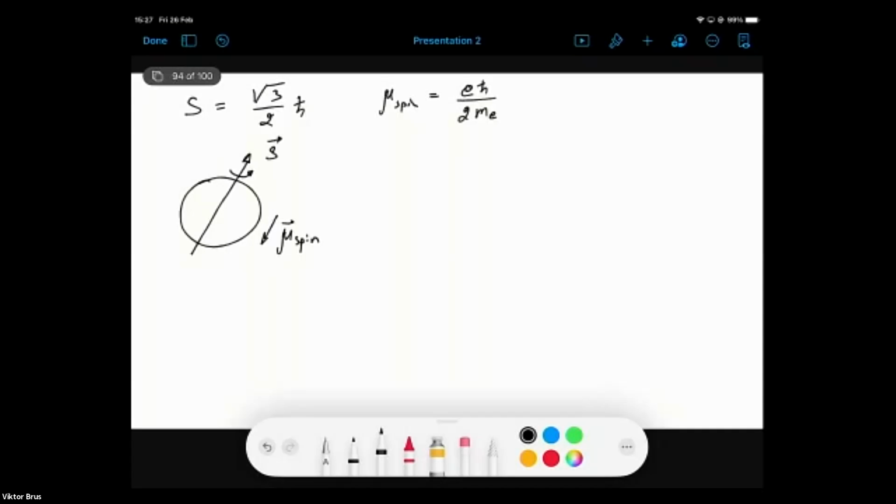So here, as you may see, we have only constants.